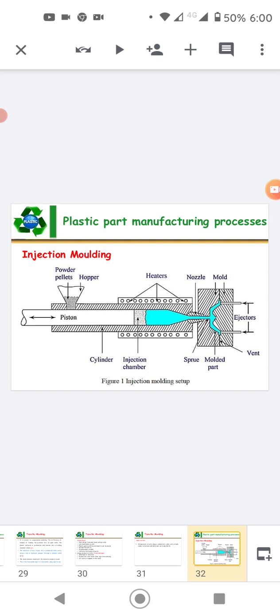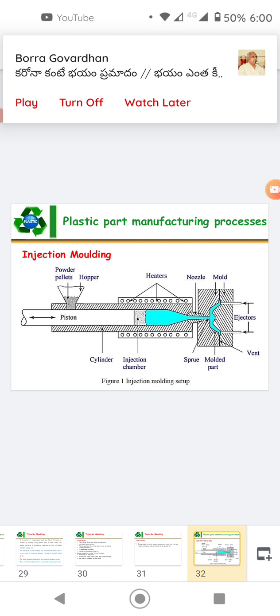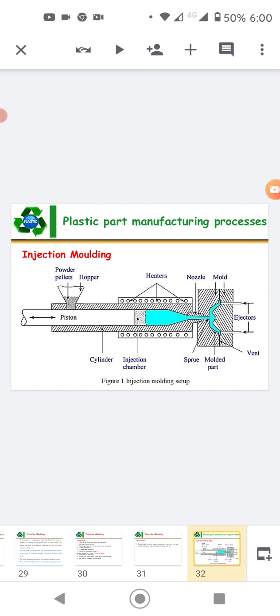The piston is inserted into the cylinder, and the sprue pin is the path for the required shape of material. The nozzle is very important for moving the material. Mold, ejector pins, vent rod, molded part, and injection chamber.